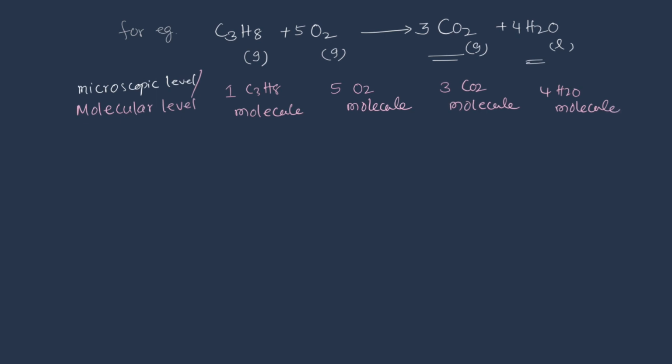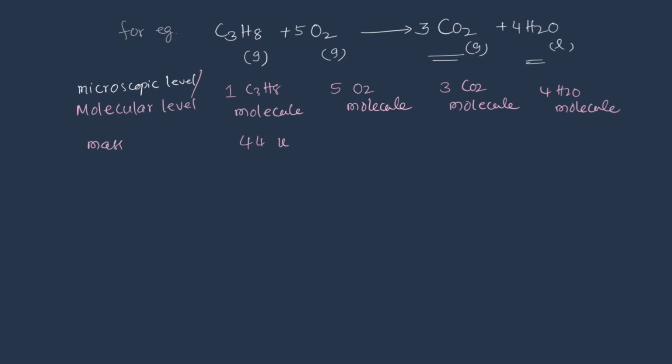Now their mass. In a single C3H8, it means 3 carbon. We have carbon atomic mass 12, then 3 into 12 is 36, 36 plus 8 is 44, 44 unified mass. Then here oxygen is 32 into 5, that is 160.